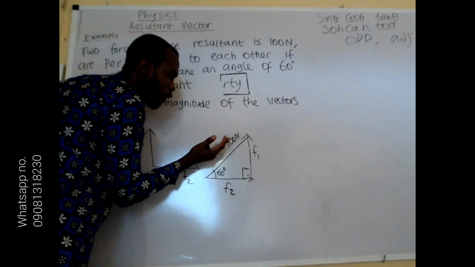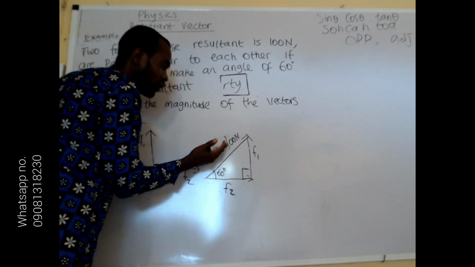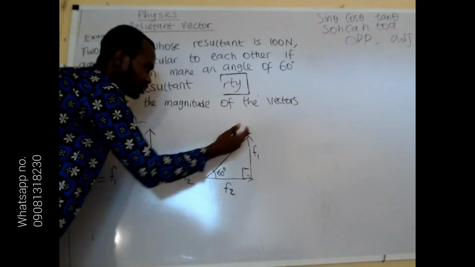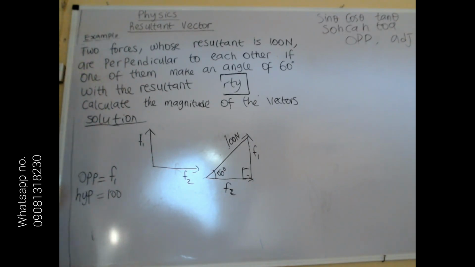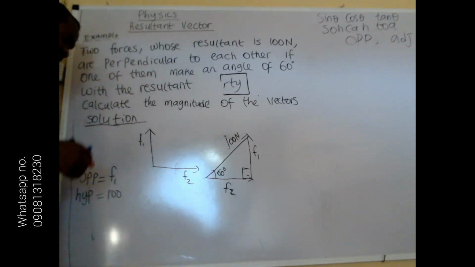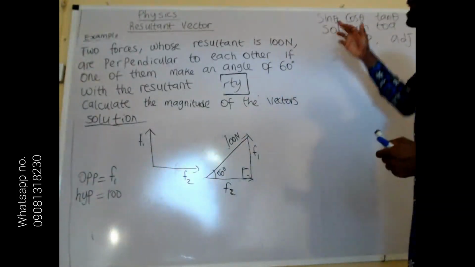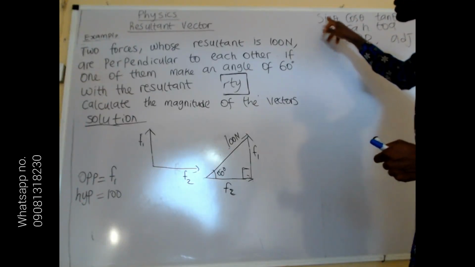You will go for 100 Newton because it is a value that will help you get F1. With respect to this right angle triangle, 100 Newton is the hypotenuse. When you consider these two sides, the trigonometric ratio that is right to use here is sine, opposite over hypotenuse.